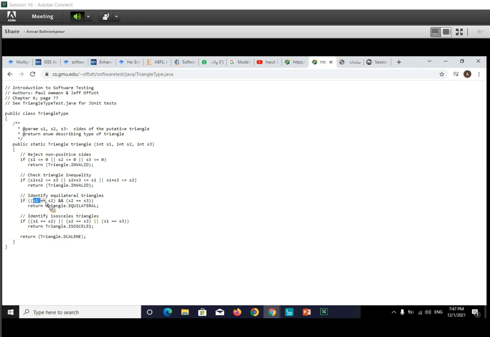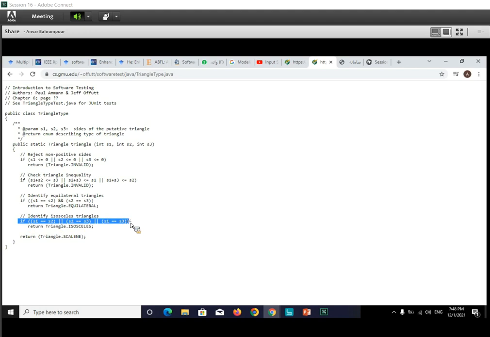So if side S1 equals S2 and S2 equals S3, all sides have the same value, we could return equilateral triangle.